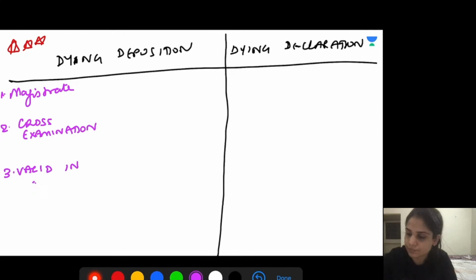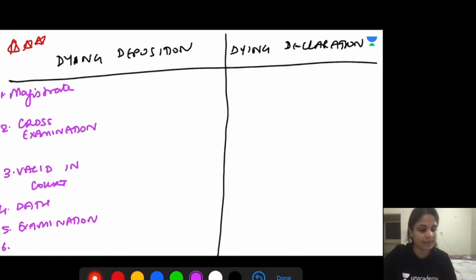Finally, in which one do you take an oath? In which one do you have an examination of the person? And are leading questions allowed or not? In which one do you have leading questions? So these are the main topics, and now you need to identify in which they are present and in which they are absent.